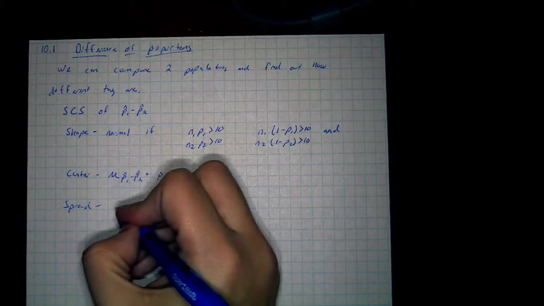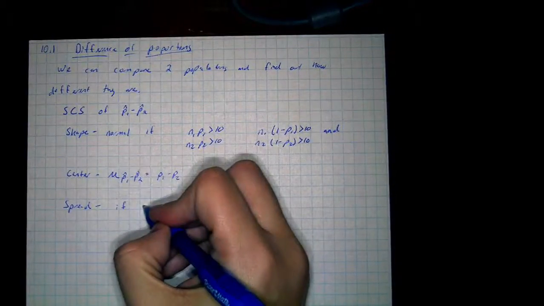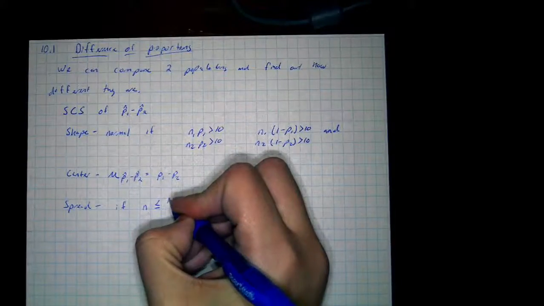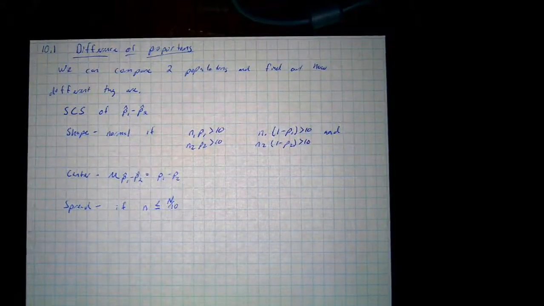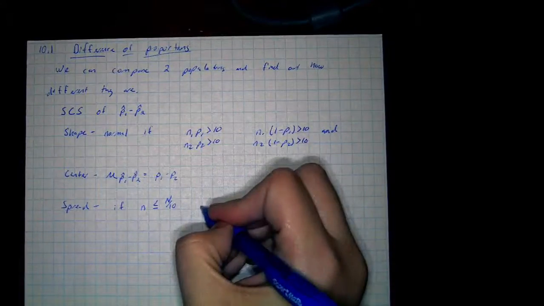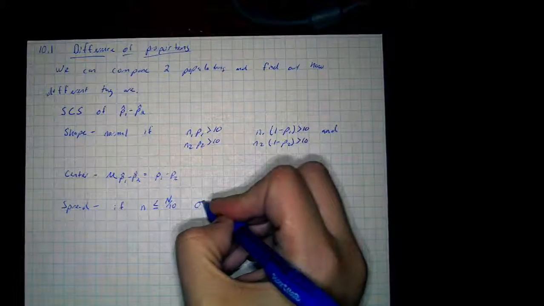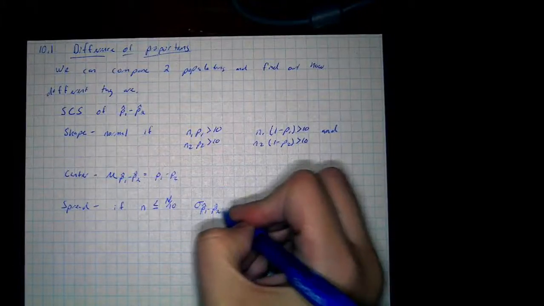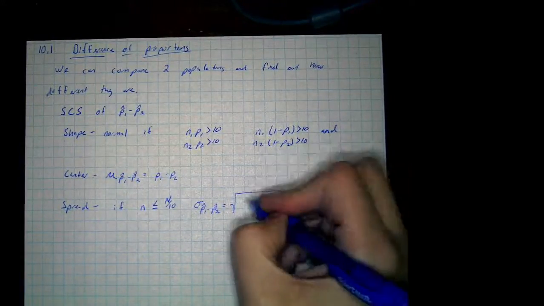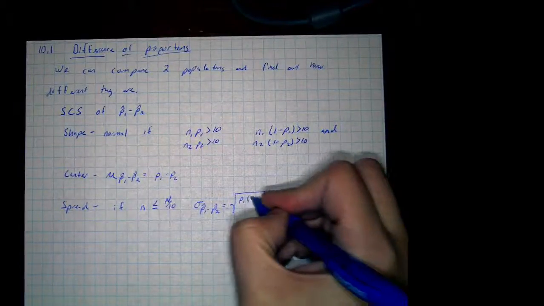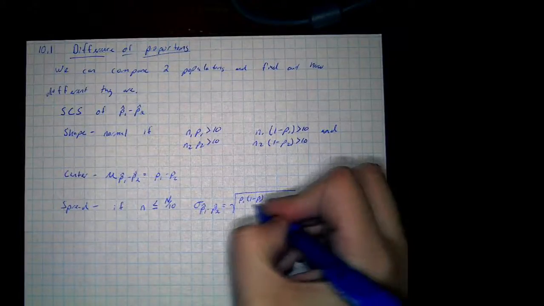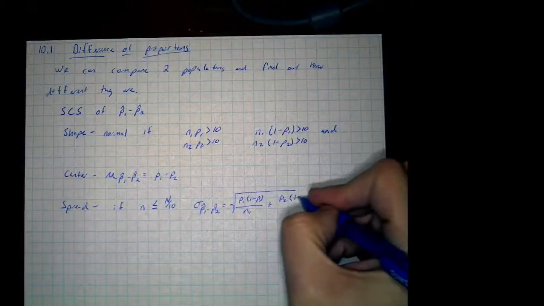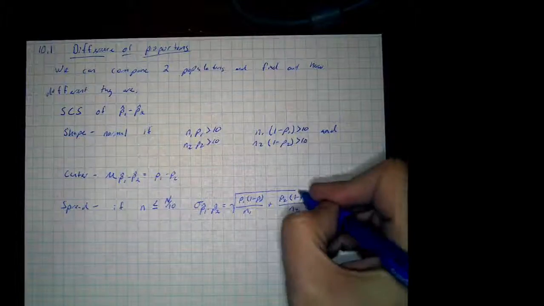And so, if n is less than or equal to the population N divided by 10, the standard deviation of p hat 1 minus p hat 2 is equal to the square root of p1 times 1 minus p1 over n1, plus p2 times 1 minus p2 over n2.